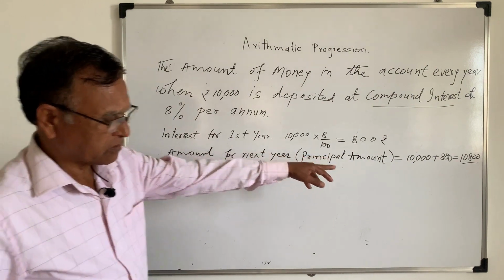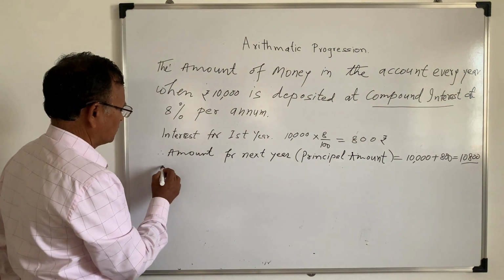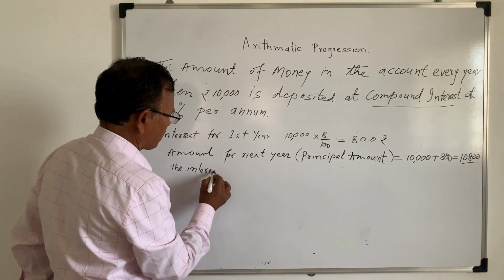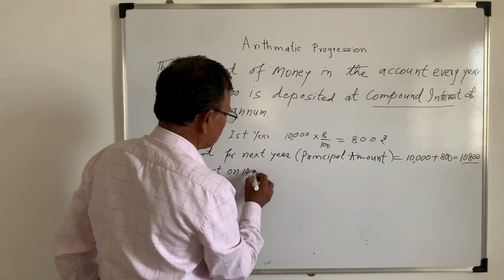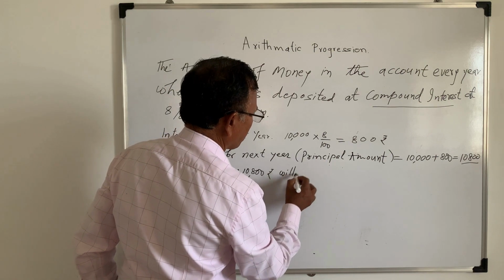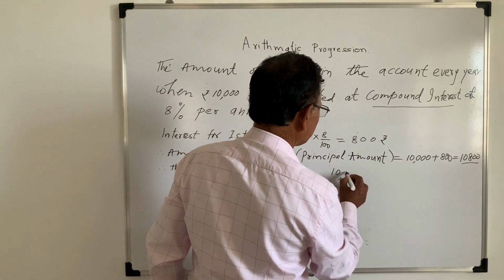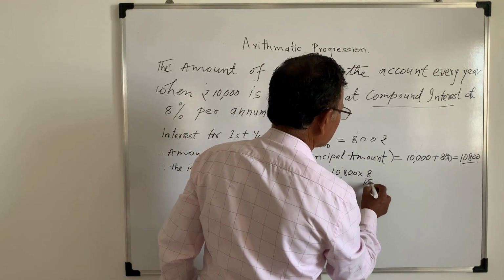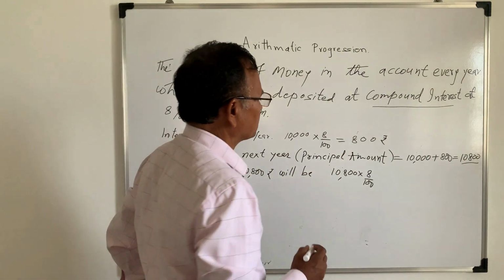Okay. So calculate the interest on this now. Therefore, the interest on 10,800 rupees at 8 into 100, this will be for the second year.